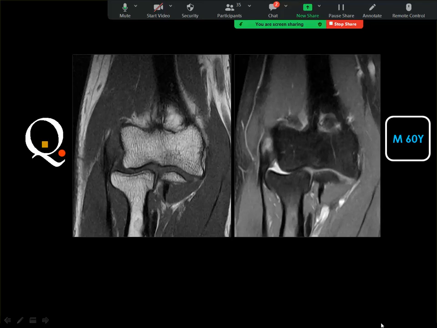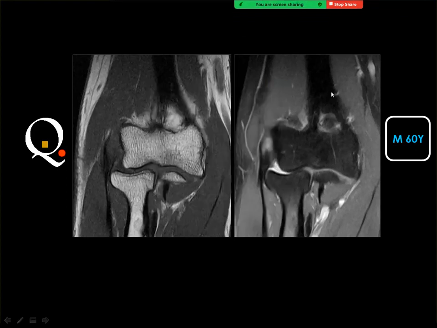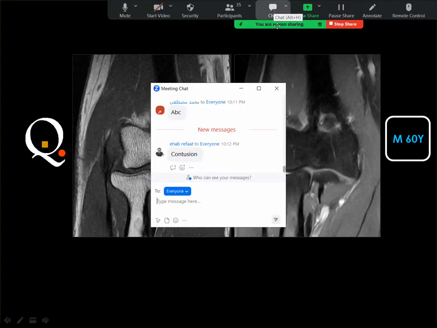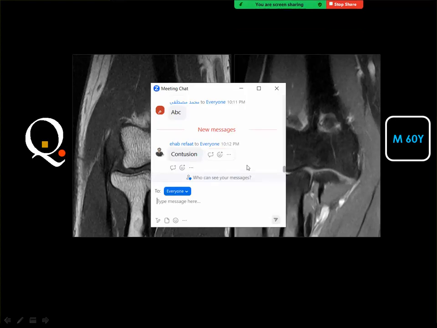Next case is an MRI of the elbow of a male patient, 60 years old. Contusion of what?